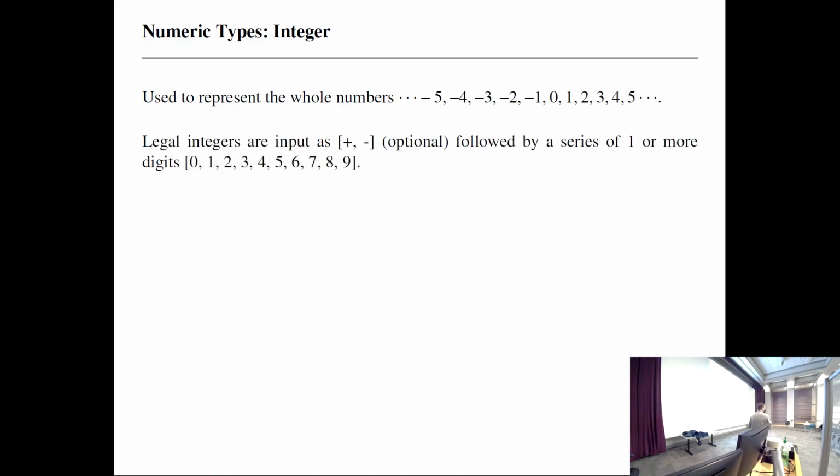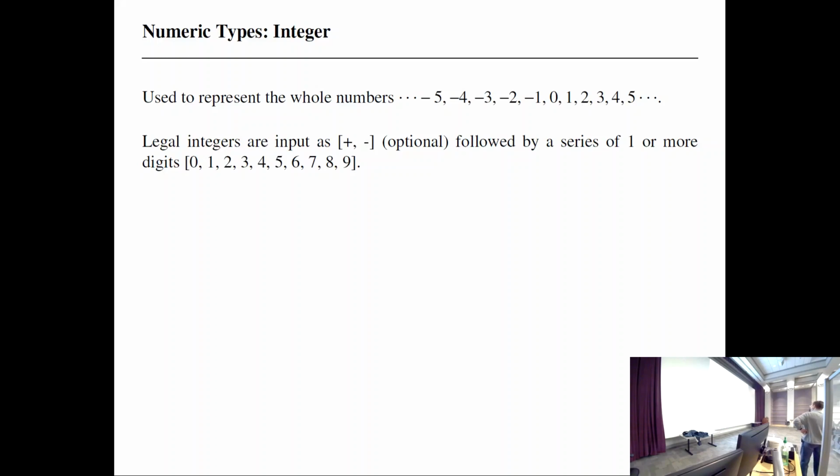Now, legal integers are input to Python with a set of typed characters that define that integer. So let's talk about how that integer might look. There's an optional plus or minus sign. You can leave that out, and then it defaults to plus.